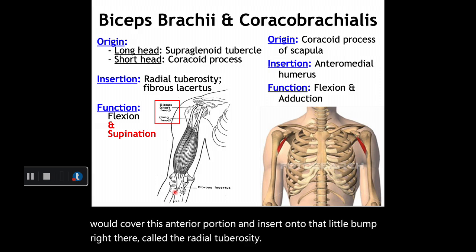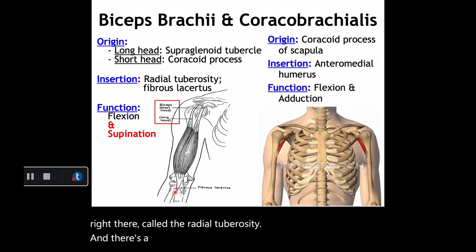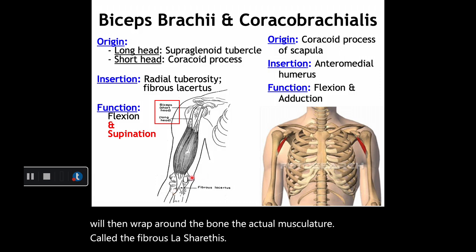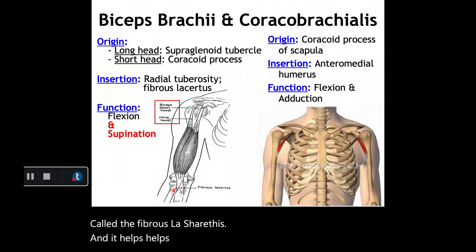And there's a little offshoot of connective tissue of the tendon that will then wrap around the bone, the actual musculature, called the fibrous lacertus. And it helps further anchor the biceps brachii to the radius.